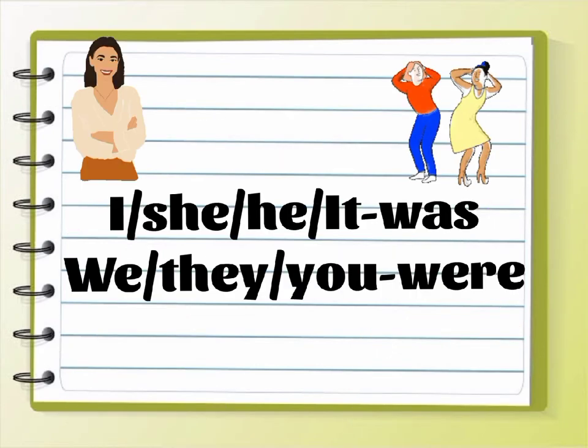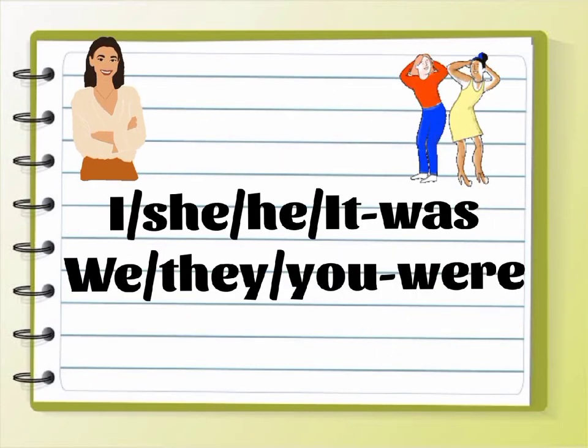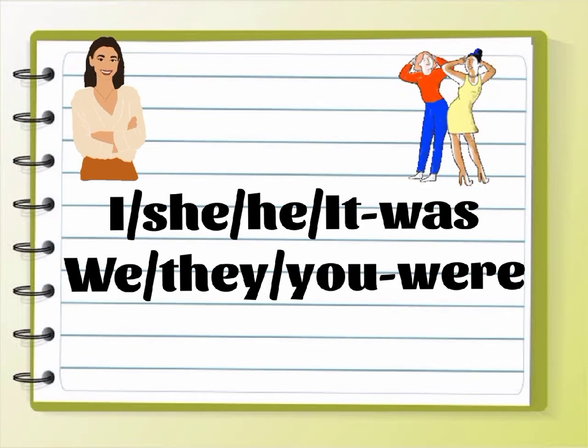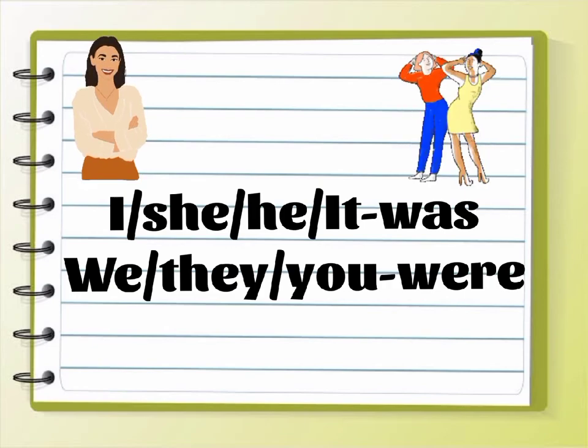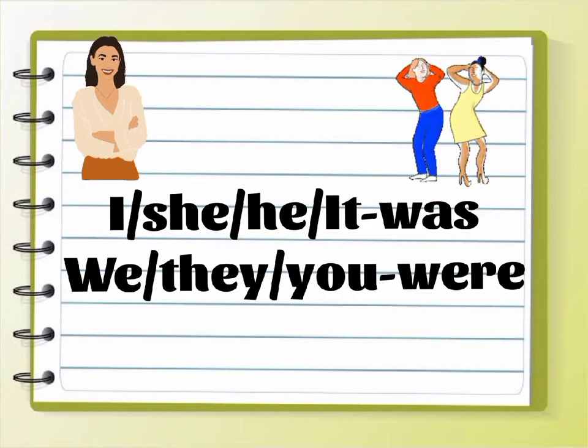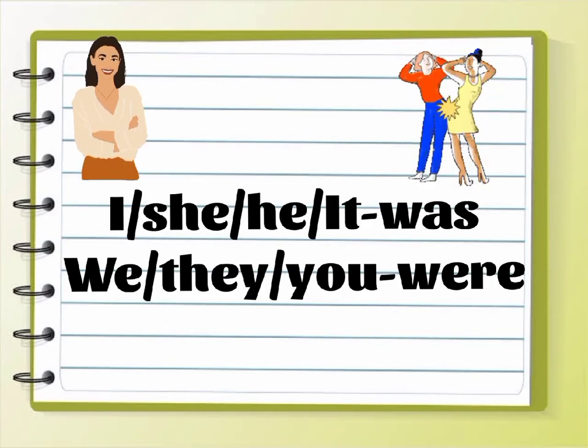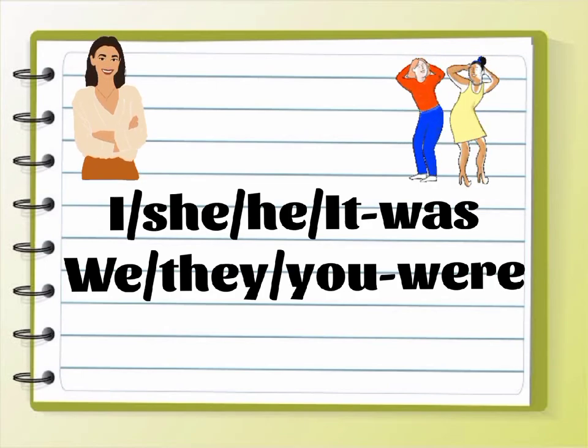So ito po, ituturo ko sa inyo kung paano gamitin si was at saka si were. For example, kapag ang iyong subject is I, she, he, it, gagamitin mo si was. For example, I was, she was, he was, it was, or singular noun, Timmy was, Anna was.